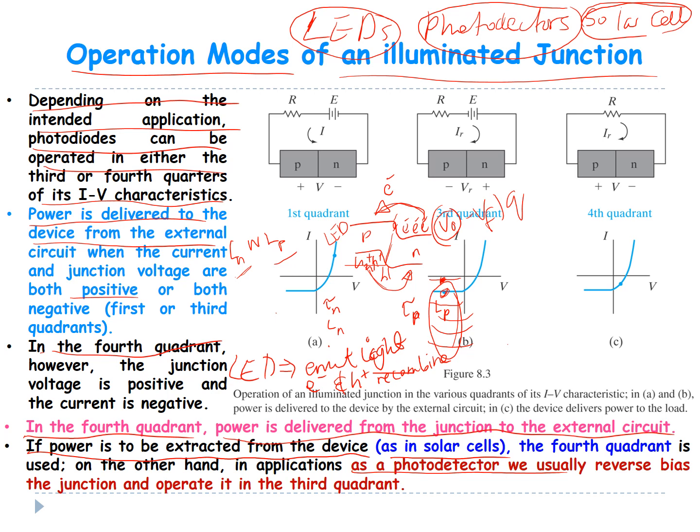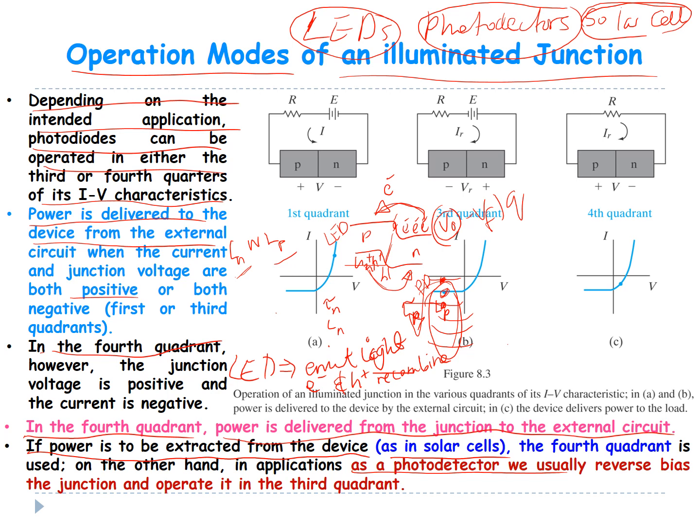And if you have more light, then the current will keep increasing in that direction with increasing light illumination. So your PD, your photodetector here, is operated in the third quadrant. The second quadrant, we don't have any IV characteristics, so we just ignore that.